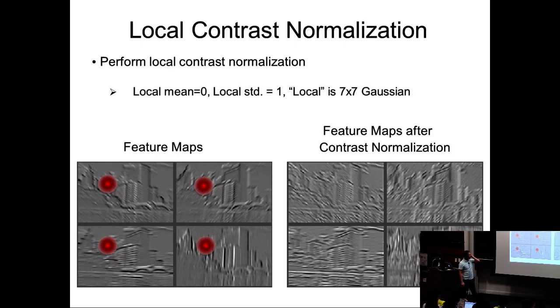So here you have, for example, different feature maps responding to different kernels or filters that you've learned. And if you do contrast normalization, this is what the output would look like. You're taking your feature here, looking at the weighted average of the features around you, and you do subtraction, and you just normalize everything.